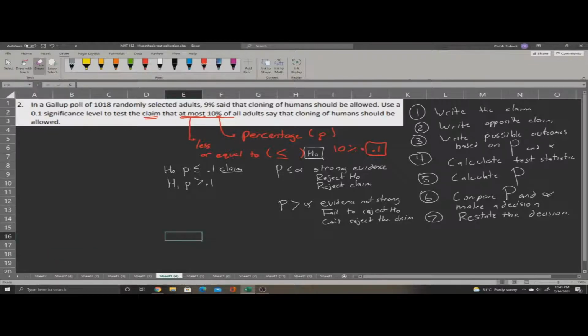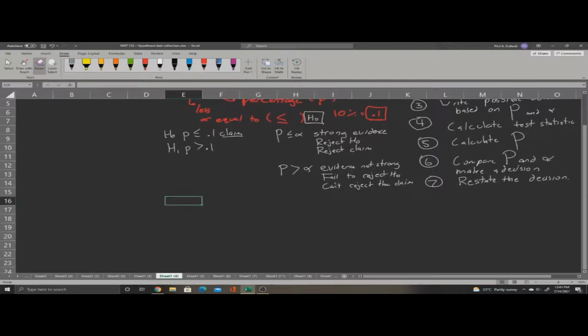Now let's move on to step 4, where we calculate the test statistic. To calculate the test statistic, we'll use this equation. We'll call our test statistic z, and we'll use parentheses p hat minus p, divide by square root of p times q divided by n. Let's put some places for those in Excel. We'll have p, which is the claim proportion.